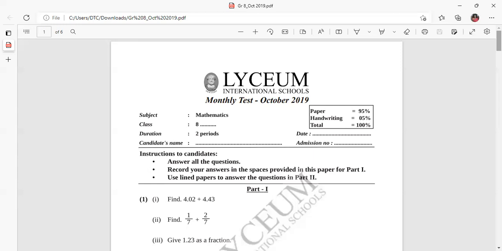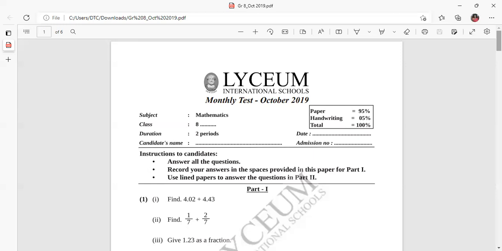Without wasting our time, we'll move to the session. First of all, when you get the paper, read the instructions. You may think why you should read them, because they always give the same set of instructions. Don't think like that. Always read all the instructions, and you should have an idea about the marks allocation.